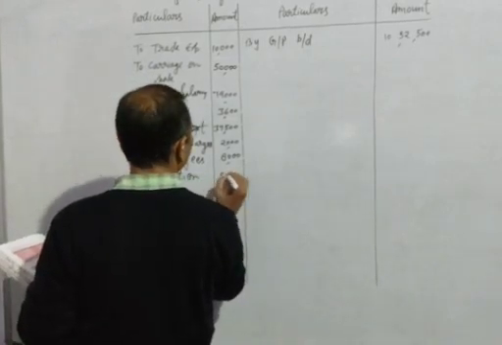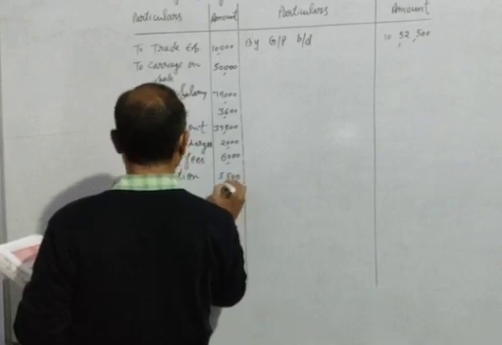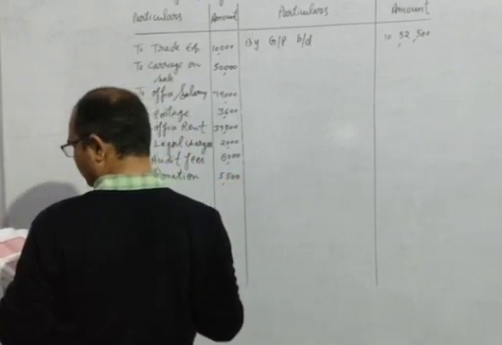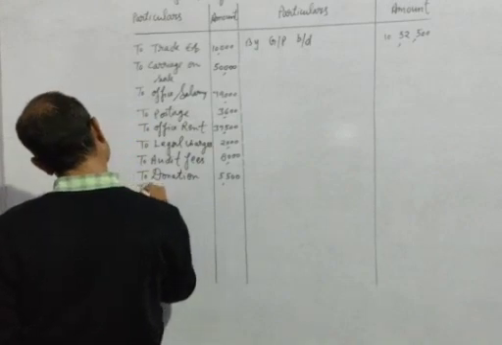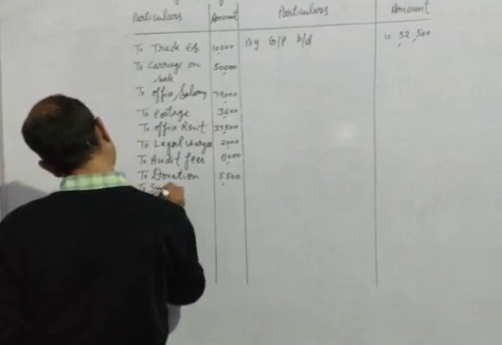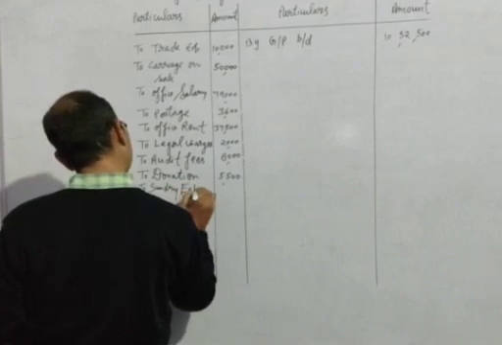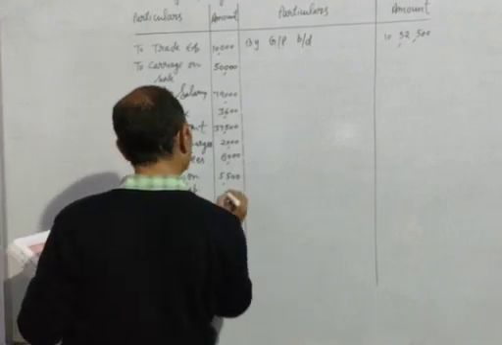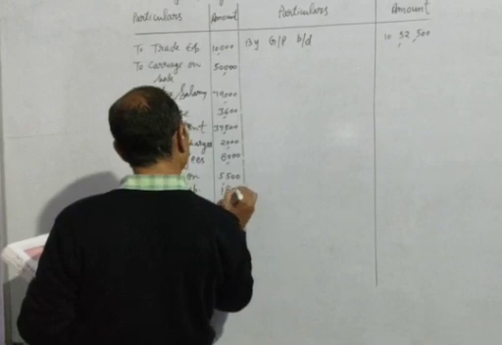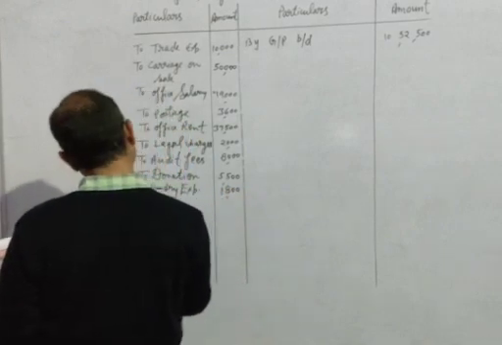Amount is 5,500. Next is sundry expenses, and the amount is 1,800.